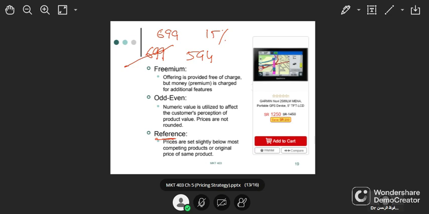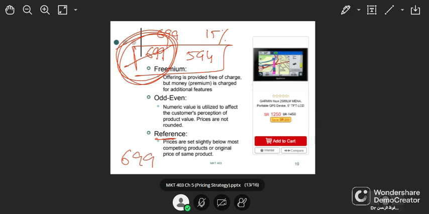Now, without any calculation, straight away by seeing 100, I am saving, right? And the customer has a reference point, because if this is 699, I'm like, 15% discount, I don't know. Sometimes we ask, the price is 699, is this after discount or before discount?